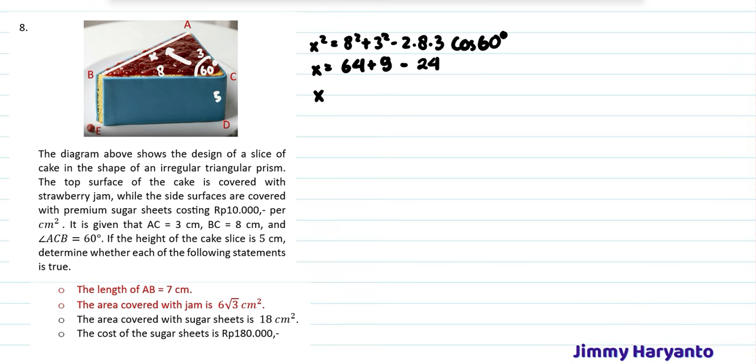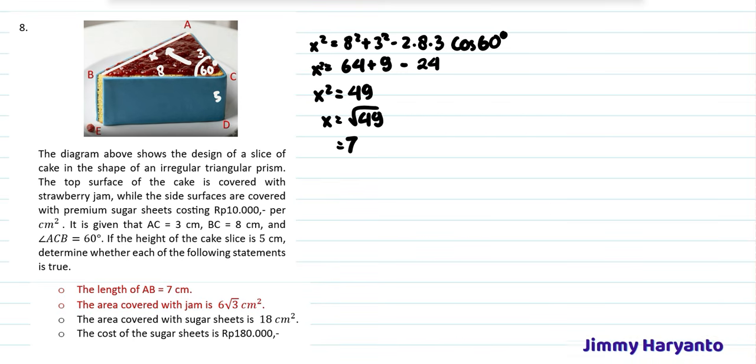And then this one is still x square. This one is 49. That means x equals square root of 49. That means x equals 7. Okay, so we already have the x. The x is 7. And the statement says 7, so the first statement is correct.